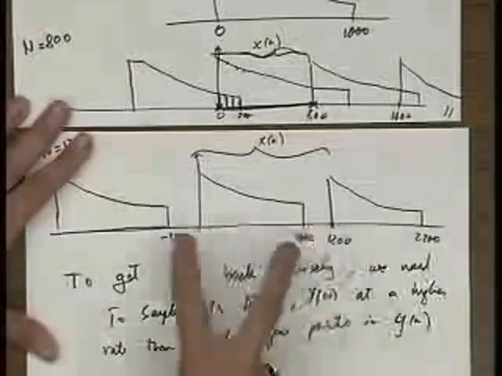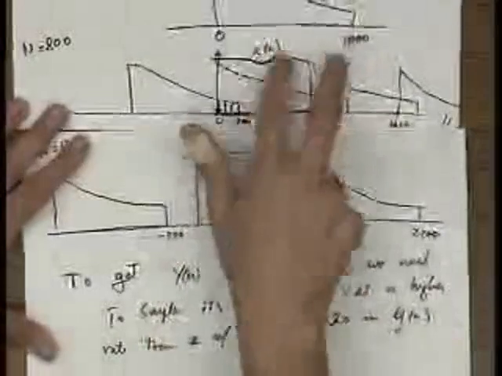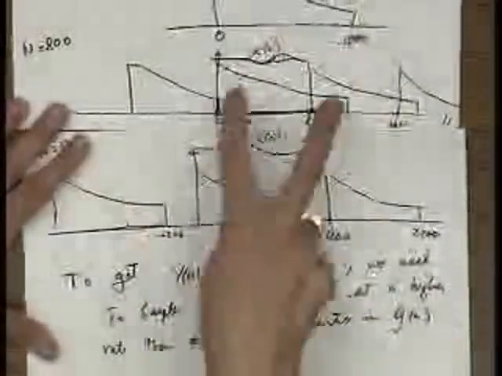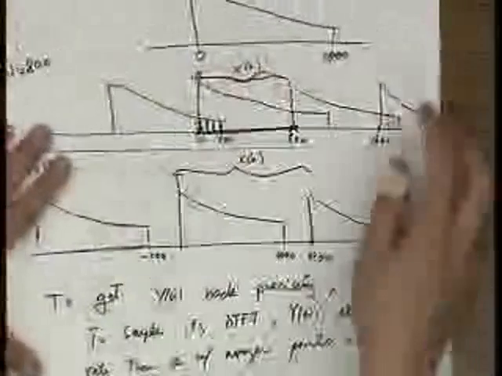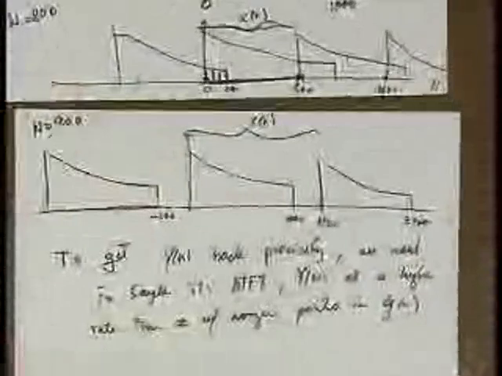So if y of n had 1,000 non-zero points, we have to sample it at 1,000 or higher. And if you sample it at a lower rate, you get this aliasing, which is the dual of aliasing that you would have gotten in the frequency domain when you deal with sampling.